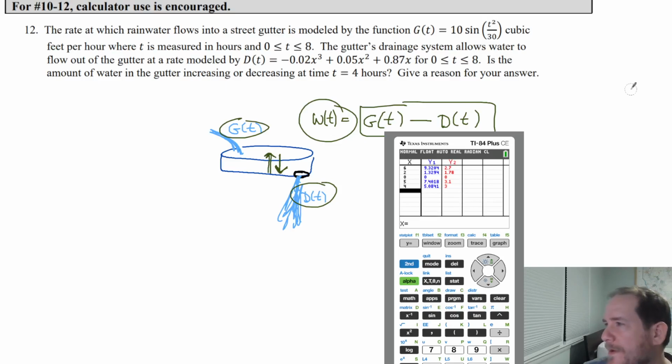But we'll say, since, don't say g of t, we're going to do it concretely at 4.